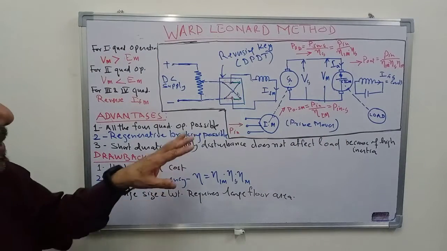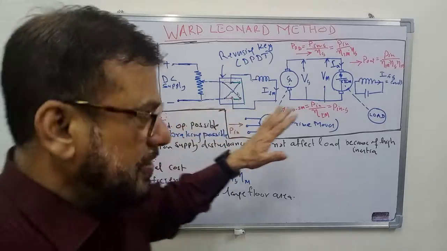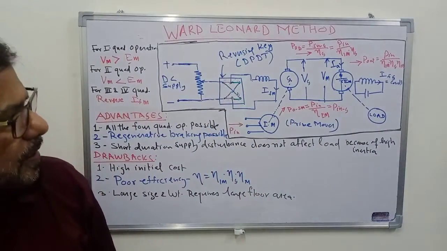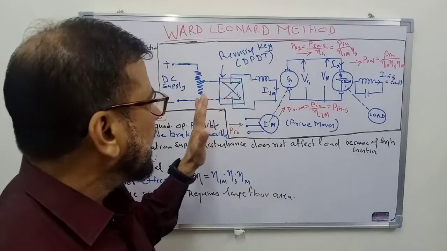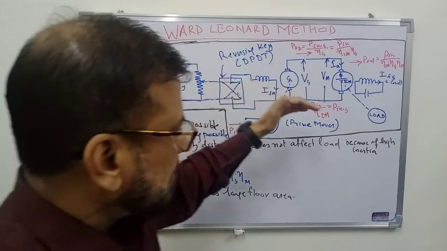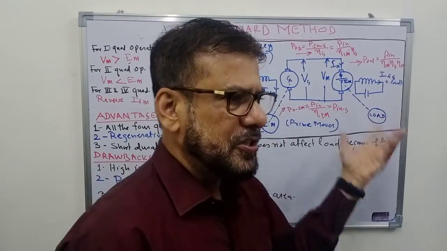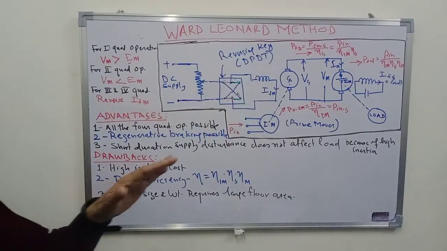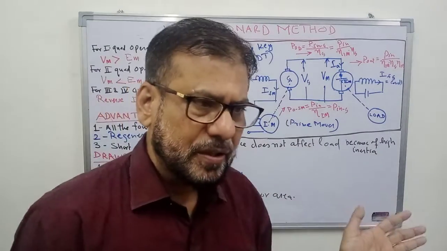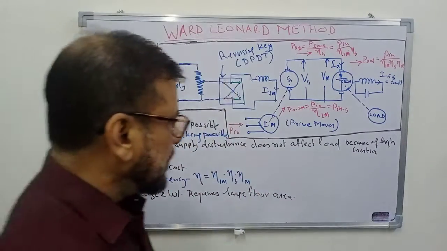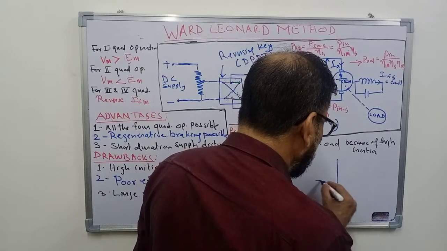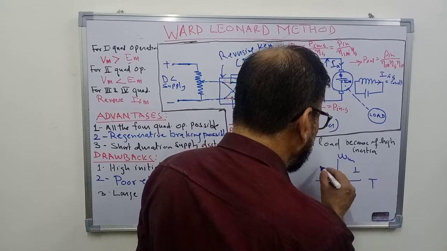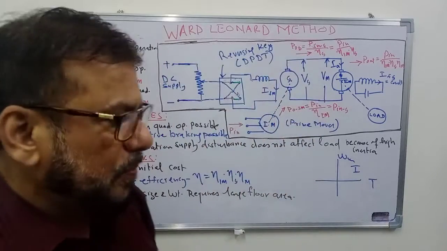Now here you can see that this machine can work in all the four quadrants of the speed torque plane. Suppose we have this direction, and in this direction the machine is running in the first quadrant as a motor. If you recall the various quadrants of the speed torque plane, in the first quadrant speed is positive, torque is positive.